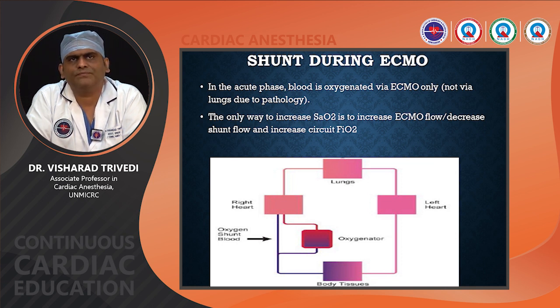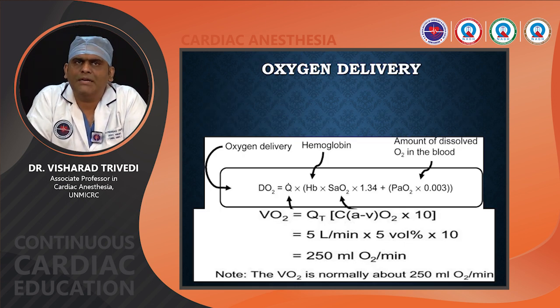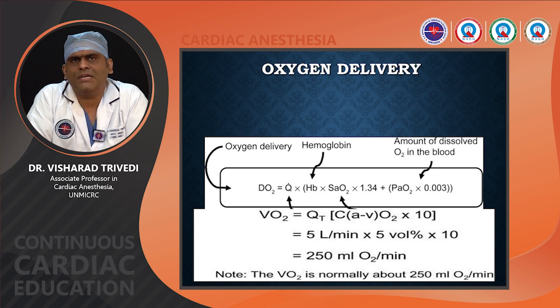Now how is oxygen delivered to the tissue? Oxygen delivery is actually flow into hemoglobin into saturation into 1.34, plus PO2 into 0.003. Now in VV ECMO, this equation is a little bit changed because oxygen is not getting exchanged at the lung level.